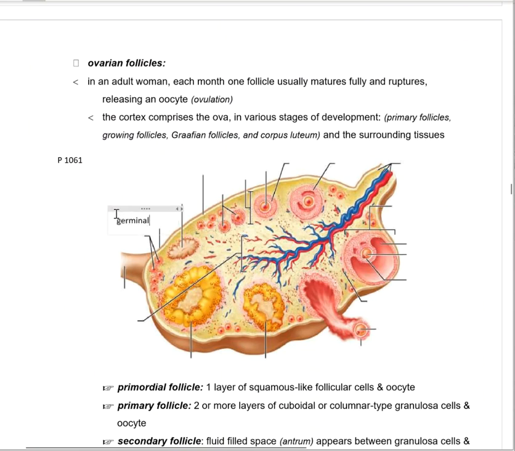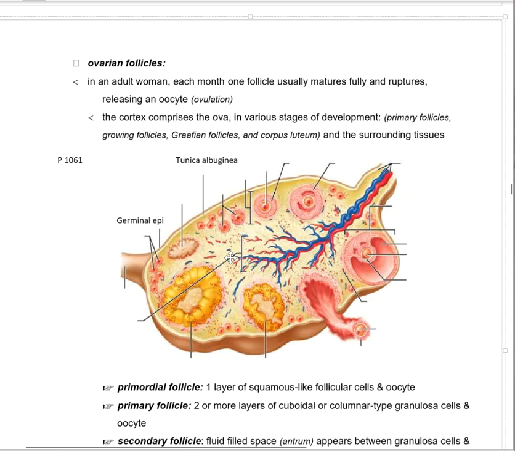We have the germinal epithelium, which is right there below that line. And then underneath it, we have the tunica albuginea. Then we've got a cortex, and here we have the medulla. I'm not going to label those. I think you understand the cortex and medulla now.